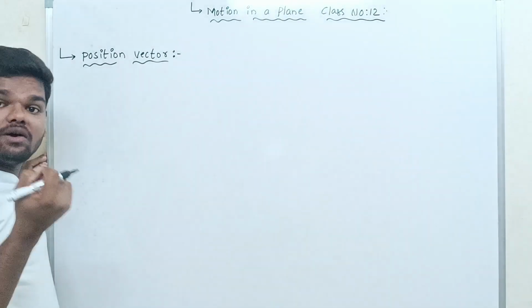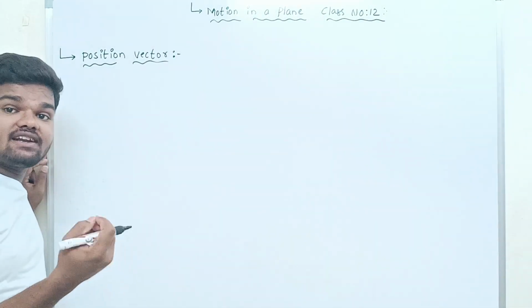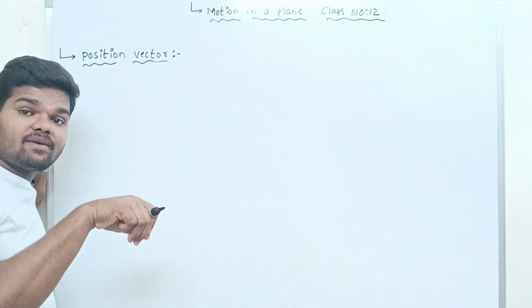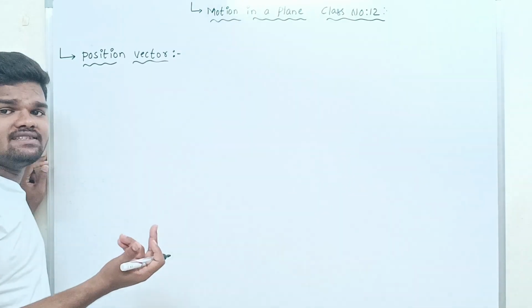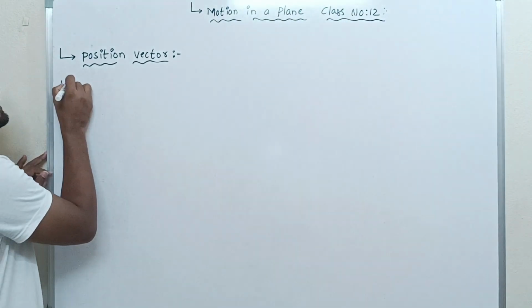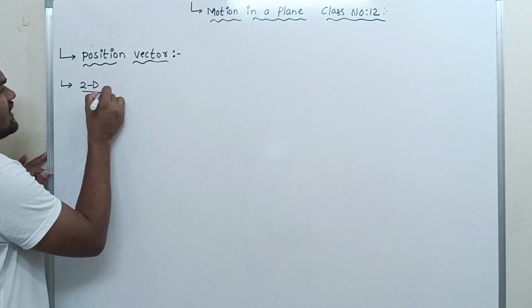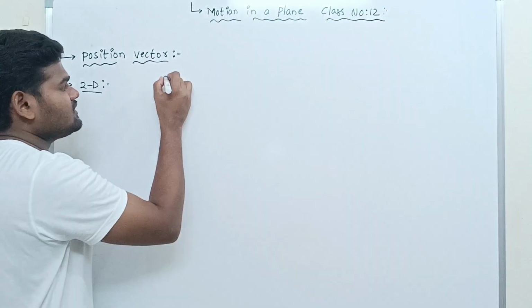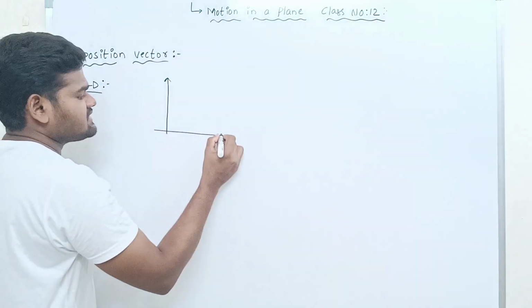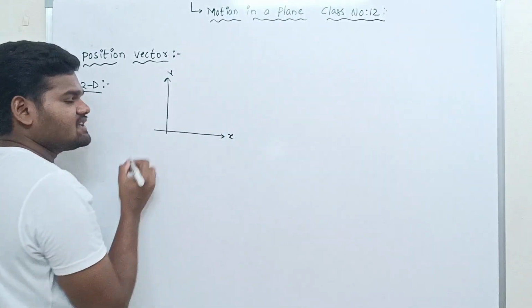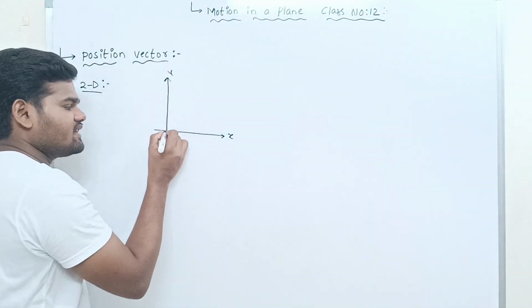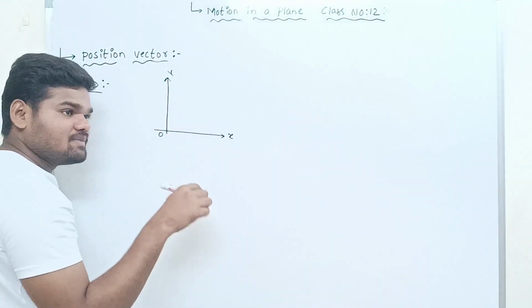Already we have discussed how to write the position of a particle in a two-dimensional coordinate system. A two-dimensional coordinate system consists of an x-axis and a y-axis. This is the origin O, where the two axes meet perpendicularly.